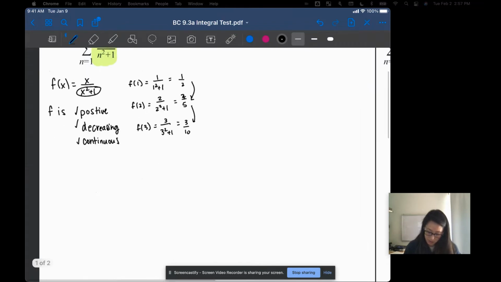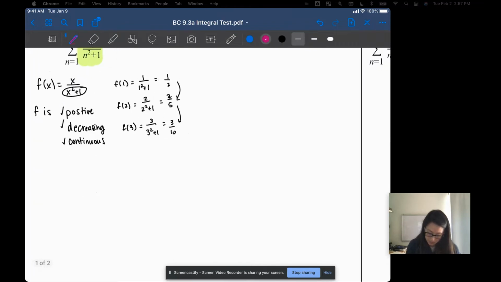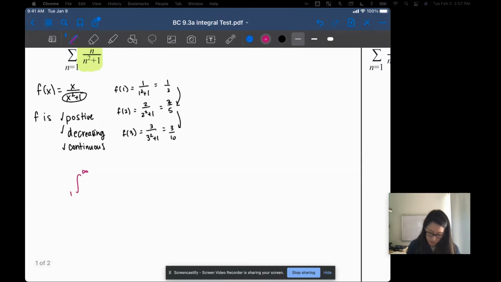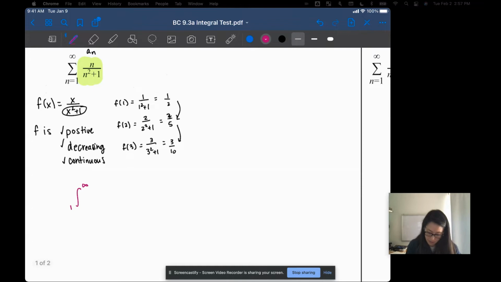So now we can set up our integral. I'm going to say the integral from 1 to infinity, because that's our bounds, of f of x, which is x over x squared plus 1 dx. We know that this equals the limit as b approaches infinity of the integral from 1 to b of x over x squared plus 1 dx.